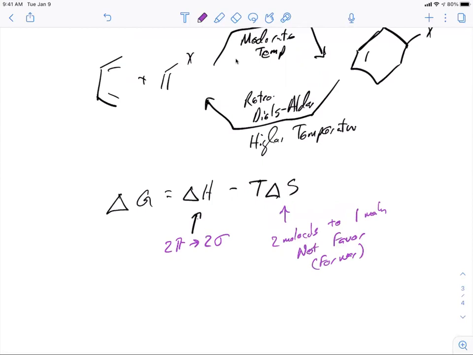But going from one to two would be favored. And so if I increase the temperature, then I can get this to go backwards. So this reaction could unzip by increasing the temperature and increasing the entropy term in this reaction.